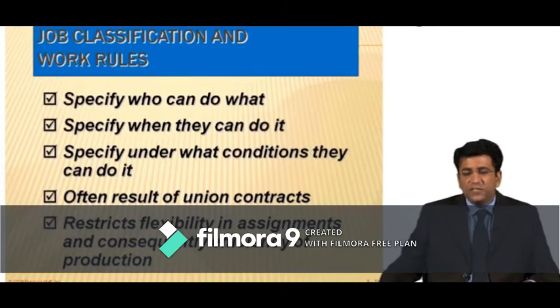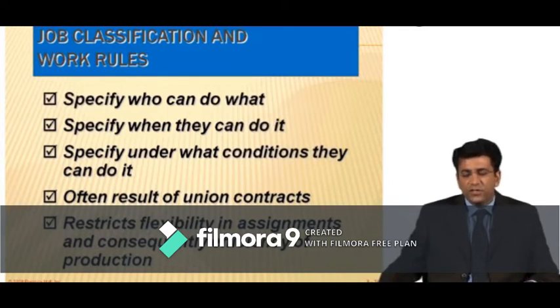Then students, job classification and work rules should also be well defined for the employees. That is, it should be clear who can do what and when they can do it. They should also specify under what conditions they can do it. So the different schedules of working and the way they have to do the work should be clearly stated to the employees.